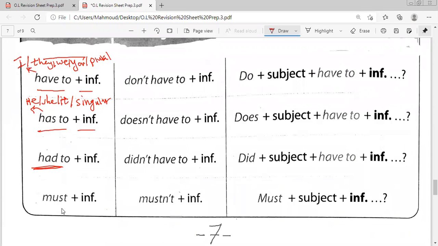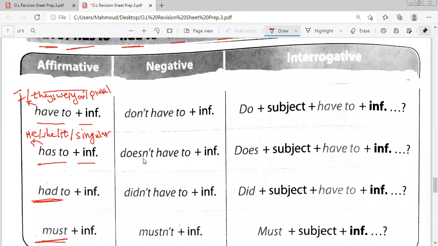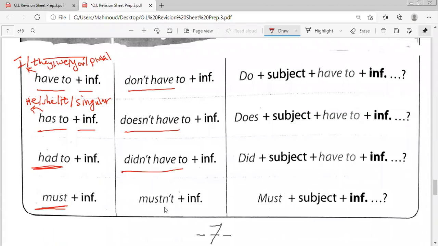Have to or has to, you can use them like must. It's okay, like must, but had to in the past. If you want to make the negative, you will use don't have to. Has to, it will be doesn't have to. Had to, it will be didn't have to. And of course, the negative from must, it will be mustn't.